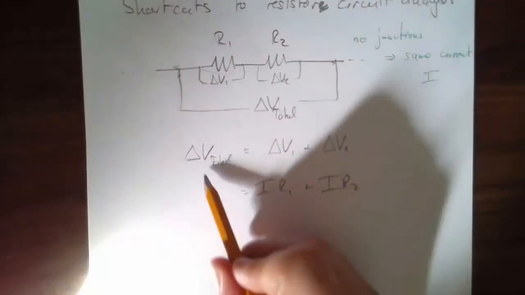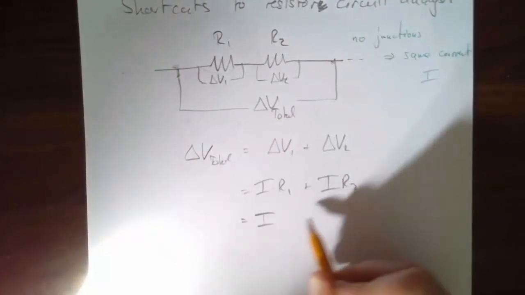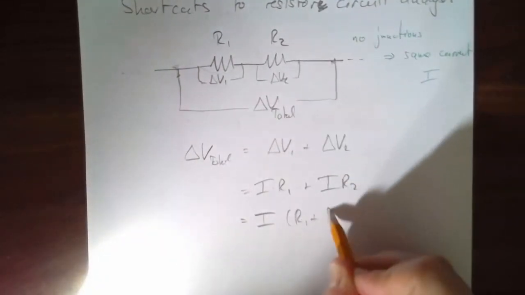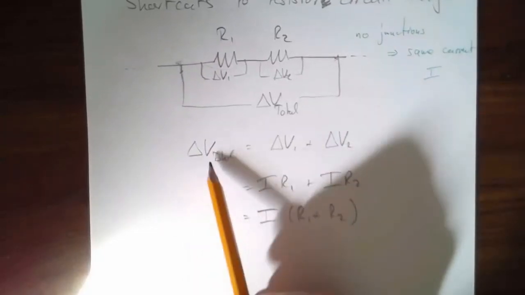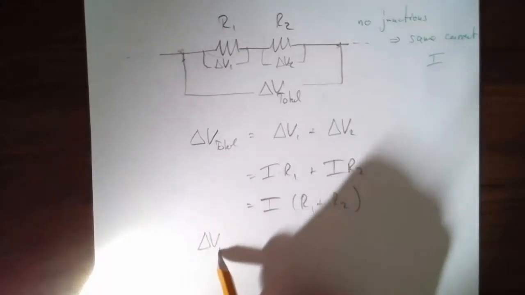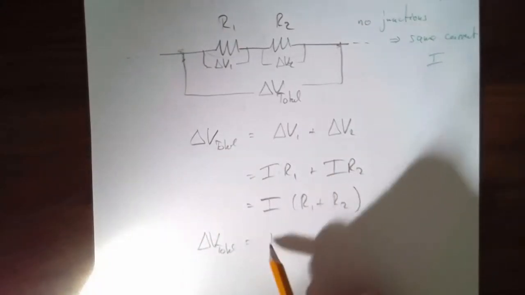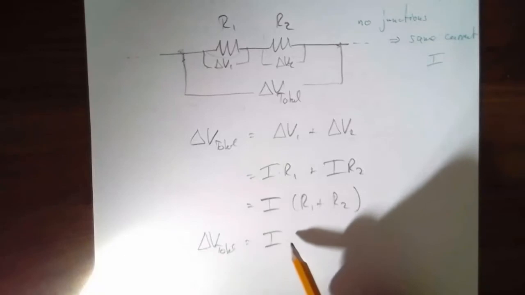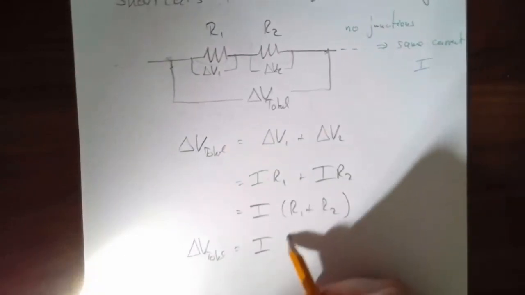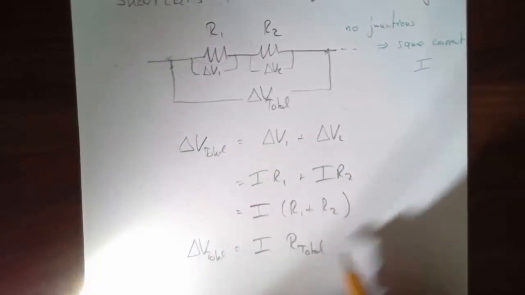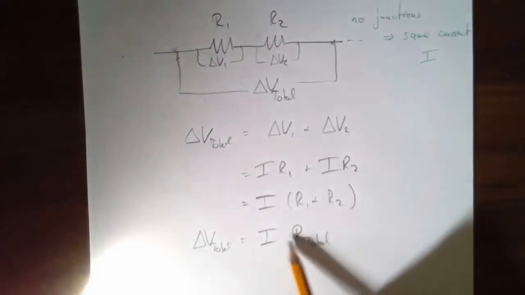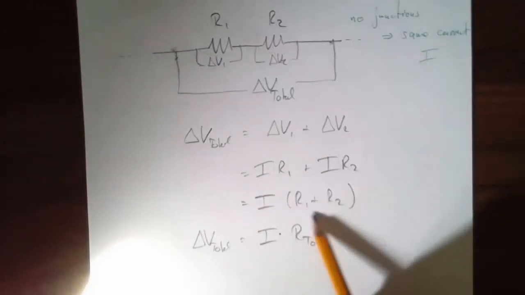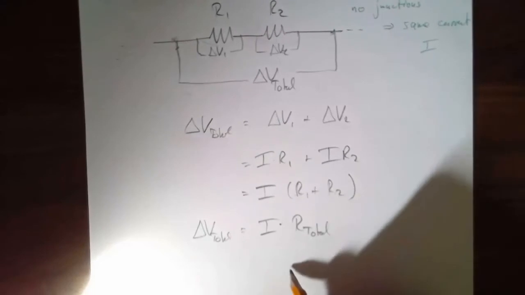So I get this equation here. I can factorize it, R1 plus R2. So now you can see that this is really Ohm's law: current times resistance, where the total resistance is just the sum of the two.